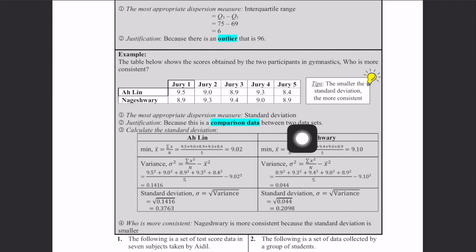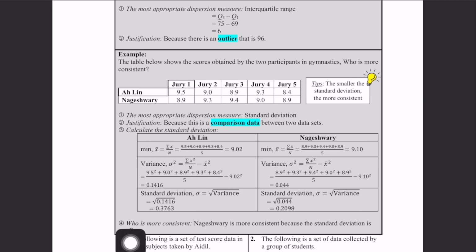If you want to compare and find which data is more consistent, the most appropriate is standard deviation. So how do you calculate standard deviation? You need to calculate the mean first, and then the variance, and then you just square root the value of variance, so you get the standard deviation.